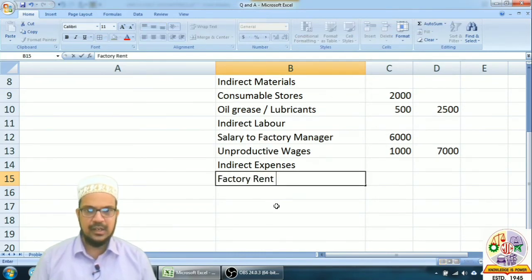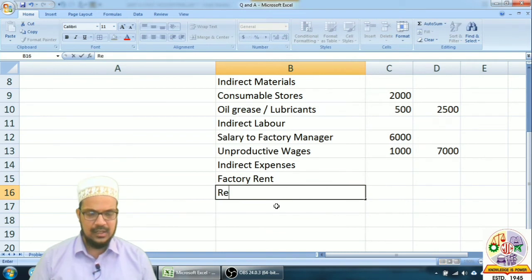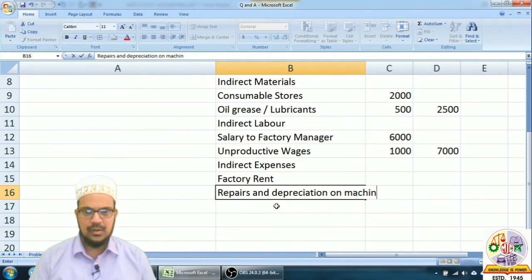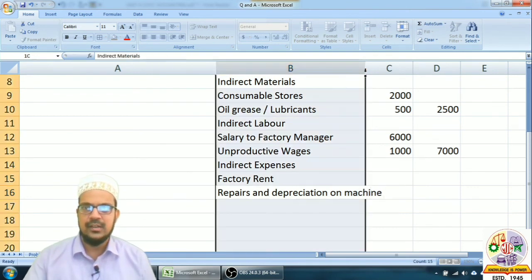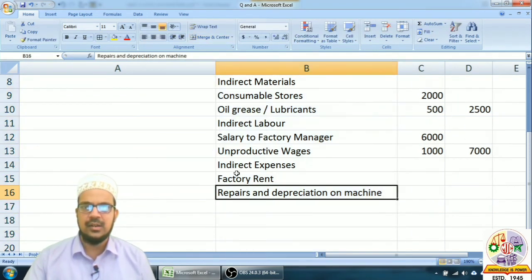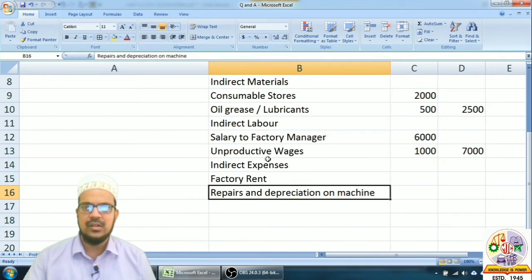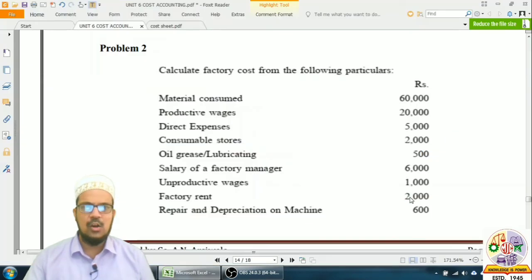So factory rent and repairs and depreciation on machine. How much is the factory rent? It is 2000, and repairs and depreciation on machine is 600.